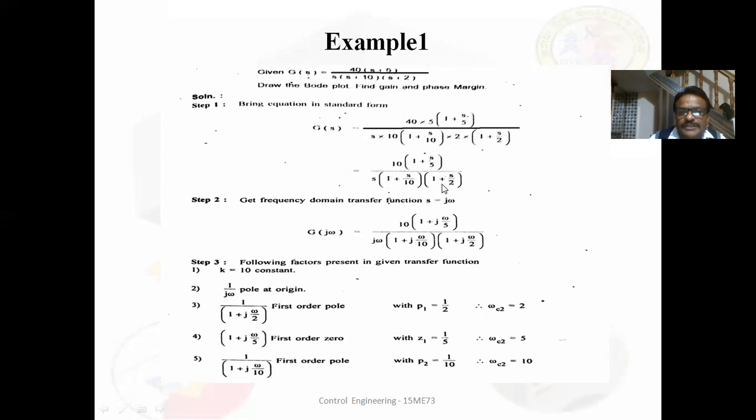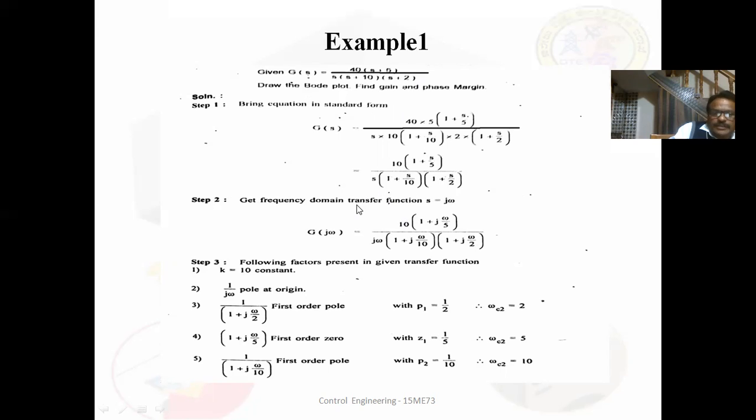If we simplify this, the transfer function in standard time constant form is 10 into 1 plus s by 5 divided by s into 1 plus s by 10 into 1 plus s by 2.